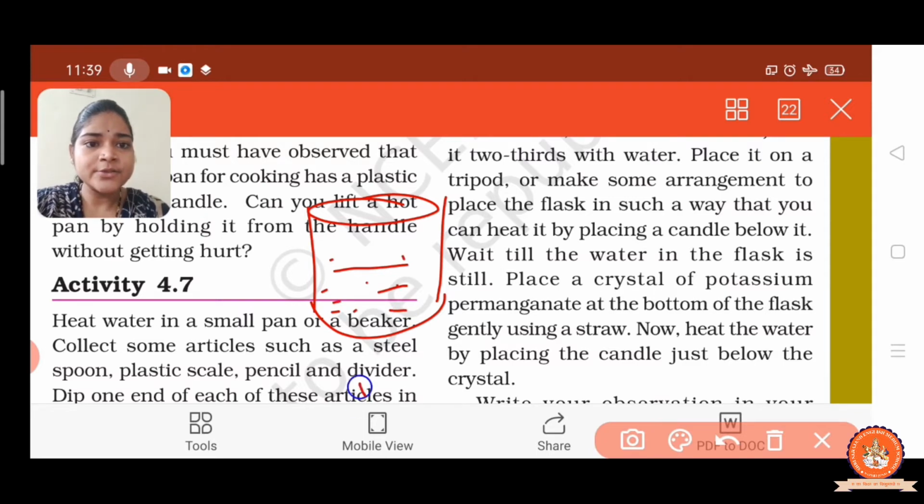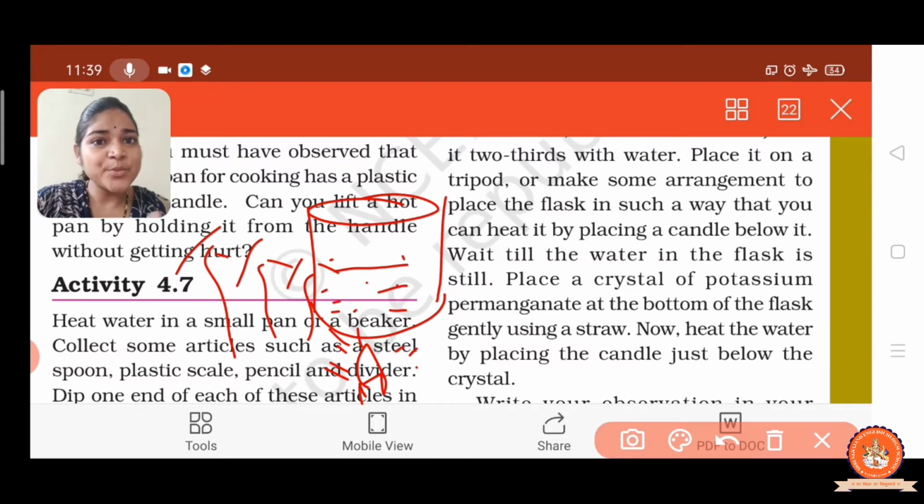When you provide heat to any liquid or gas, at that time their molecules will expand. It means their volume increases. They become lighter and move in an upward direction.